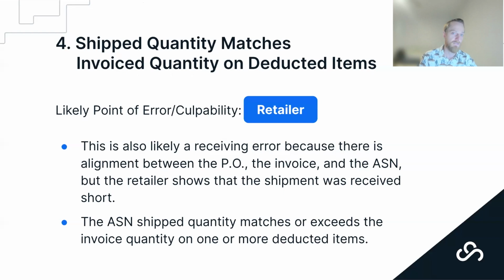If you ship the cases, Walmart should have them. So this is where you would compare that ASN. And again, you could do it total at the PO level, or you could just zero in on the deducted items. So these are all good data points to reference when trying to understand what happened on these shortage deductions.